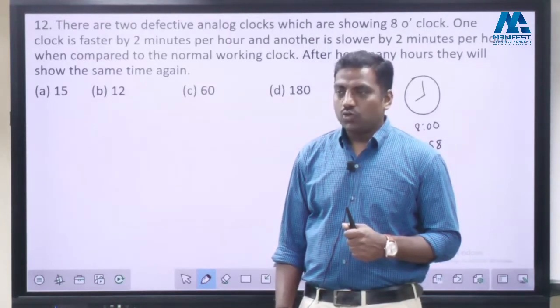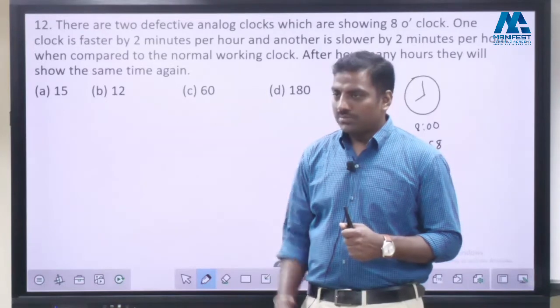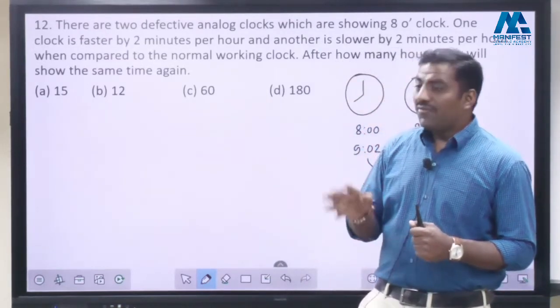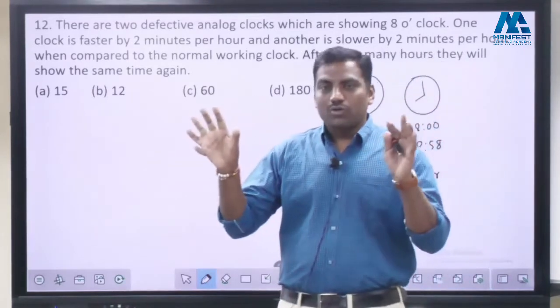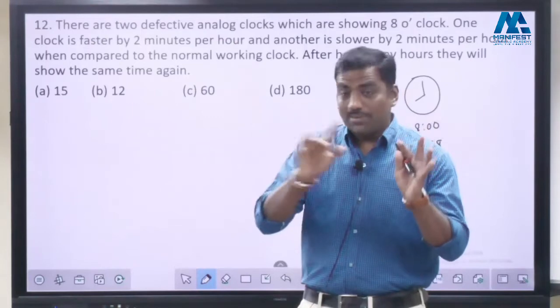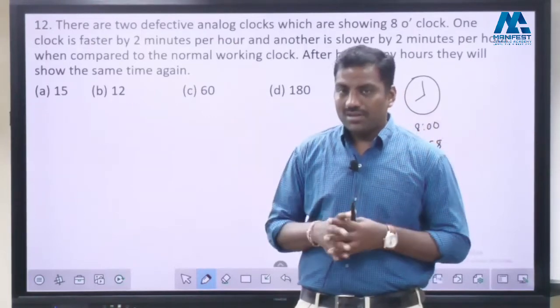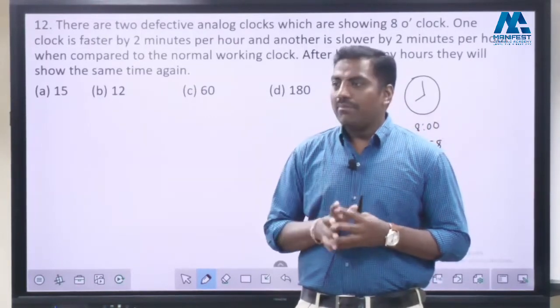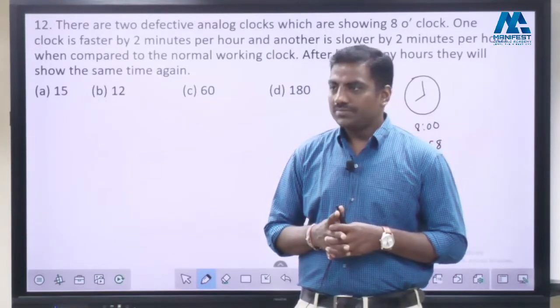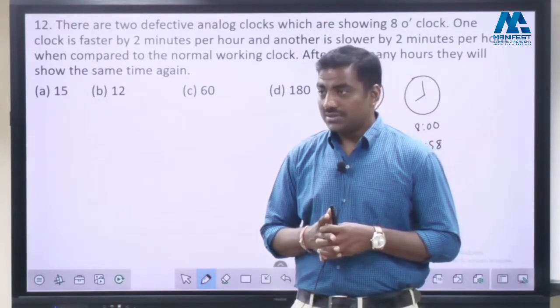Don't worry about correct and defective. If two clocks have to show the same time, not the right time, the difference between them has to be 12 hours. Yes or no? Minimum 12 hours.